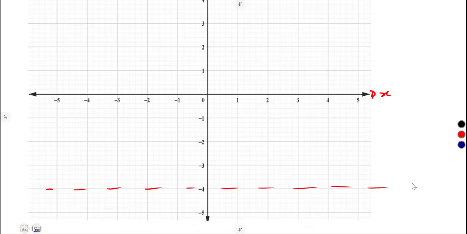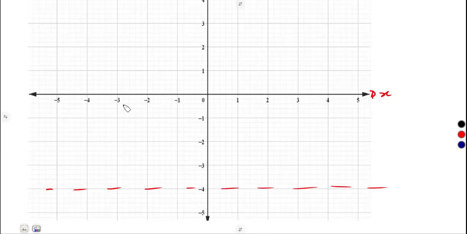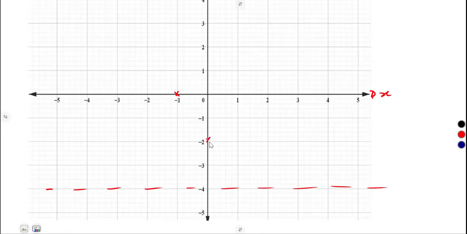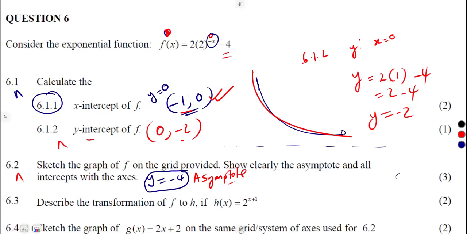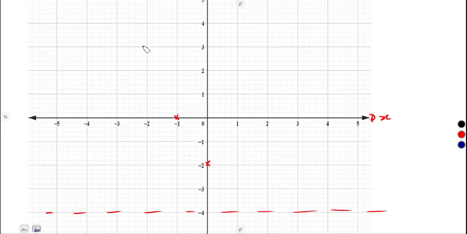All right. Then the x-intercept -1, exactly on the x-axis at -1. So that's -1. Y-intercept -2, like this. And remember the shape. So this is our shape for a negative exponent. So our shape was going to be like this.